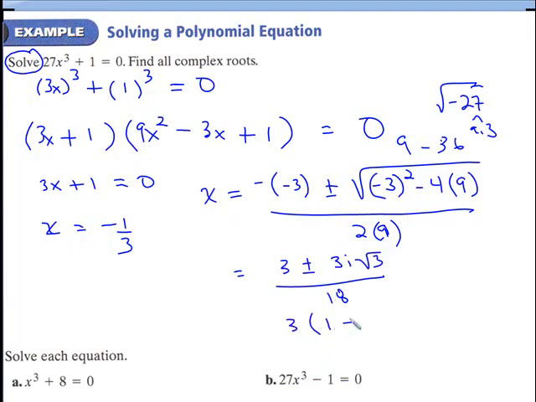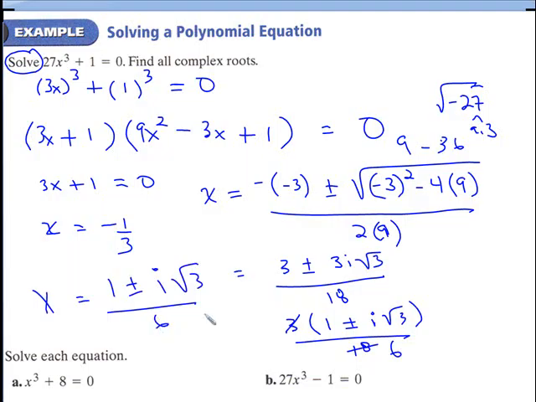You end up with 1 plus or minus i radical 3 over 18. And then this 3 simplifies with the bottom right here. So your other solutions: x is going to equal 1 plus or minus i radical 3 over 6. Okay? So that's how you solve when you're asked to solve on your homework.